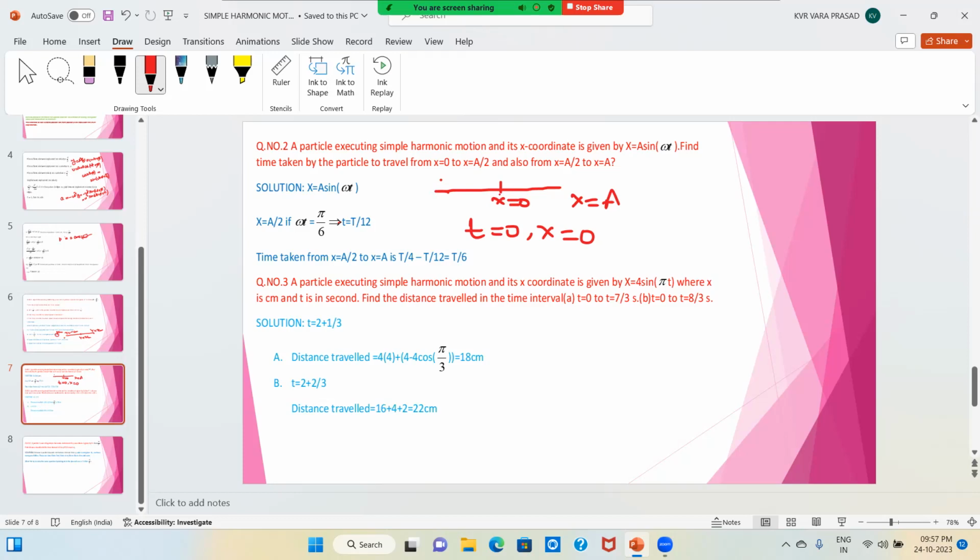So now from x equal to 0 to x equal to a, this is a 1/4 oscillation, and the time taken for this is T by 4.